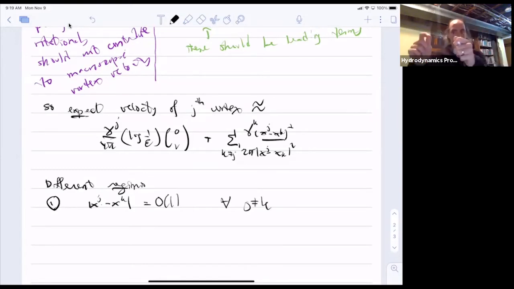So one is if the distance between the vortices is order 1, if they're not too close together. And then we can see the second term, the interaction term.